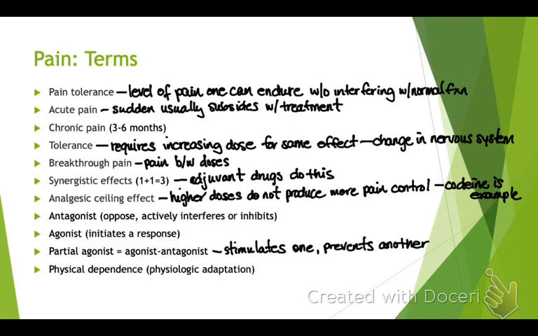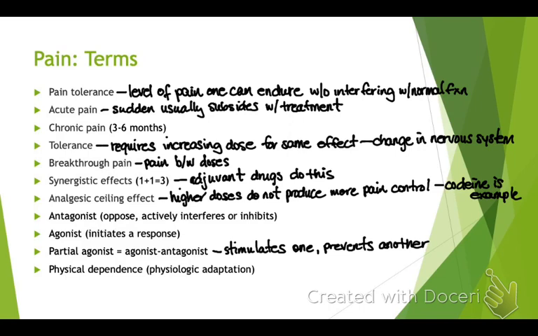Analgesic ceiling effect is when the drug reaches a maximum analgesic effect, and giving more medication does not improve the effect of that medication. An agonist will bind to an opioid pain receptor in the brain.